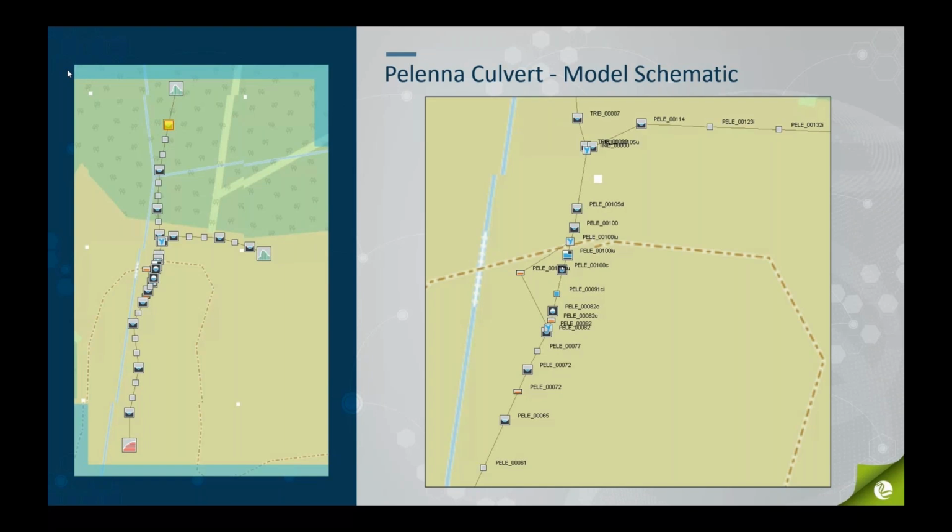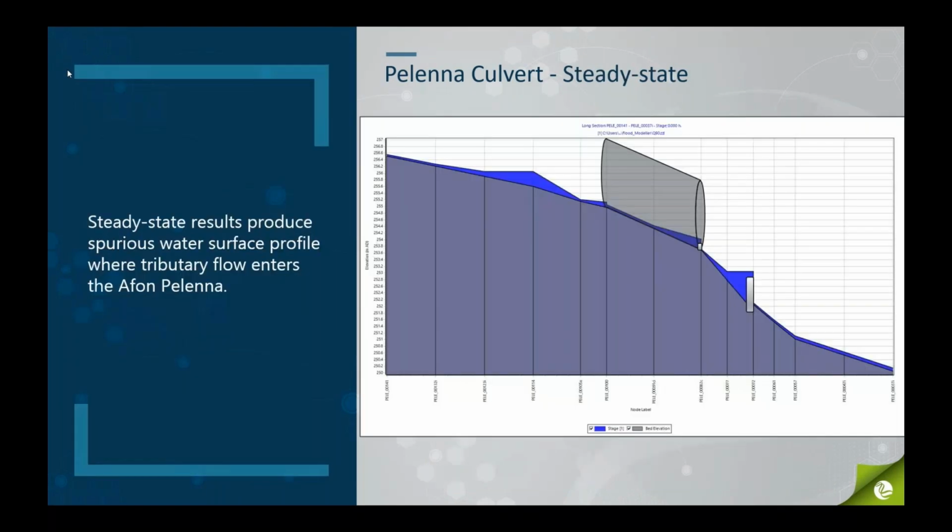We've slightly lowered the weir coefficient of discharge for those structures. So rather than a standard 1.7, we've lowered it to about 1.5. The other thing to add is that we had to put quite a few interpolate sections in just to aid the model to run.